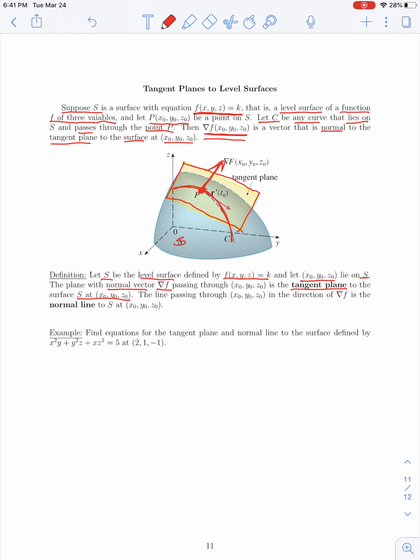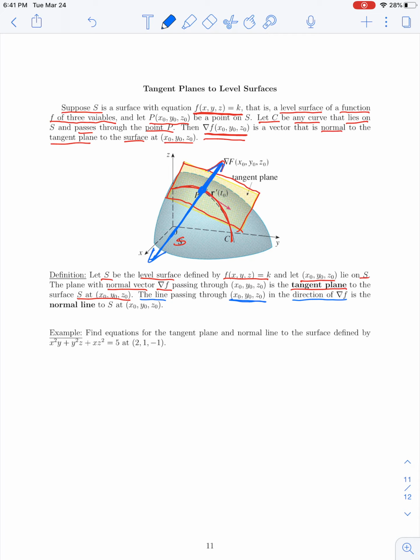Now, another object of interest for a surface is something called the normal line to our surface at a point. So how are we going to define this? Well, we'll define the normal line as the line which passes through the point x naught, y naught, z naught. So it's passing through my point P, and it is specified as moving in the direction of the gradient of f, this normal vector to our surface.